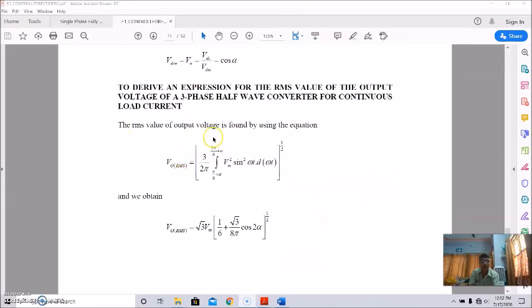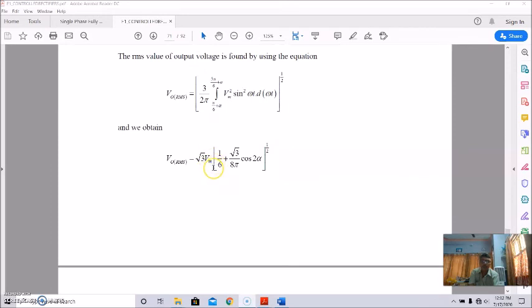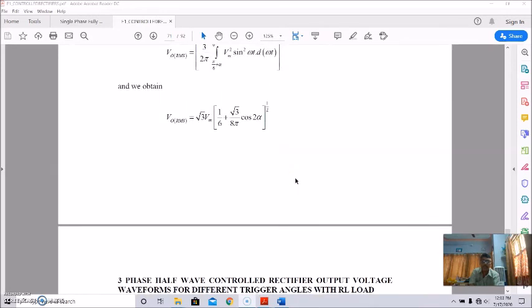This RMS value of the output voltage is found by using these equations: VO RMS equal to 3 by 2 pi integration from pi by 6 plus alpha to 5 pi by 6 plus alpha of Vm square sin square omega t d omega t, and we obtain this equal to root 3 Vm into square root of 1 by 6 plus root 3 by 8 pi cos 2 alpha. So this is the RMS value.